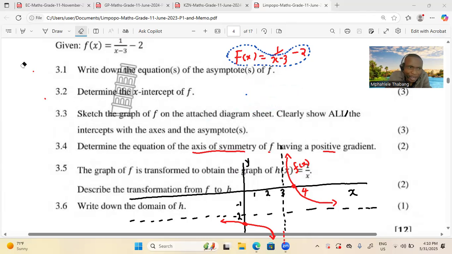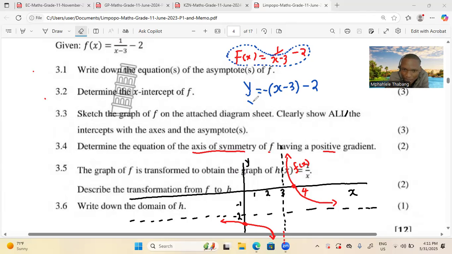You still pick y equals, you still pick x minus 3, your denominator, but this x minus 3, you have to multiply it with negative because you are looking for the axis of symmetry which has a negative gradient. So you take x minus 3, you multiply it with negative. Now you say minus 2.